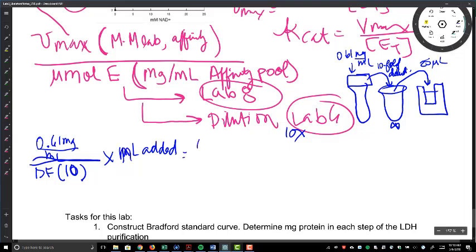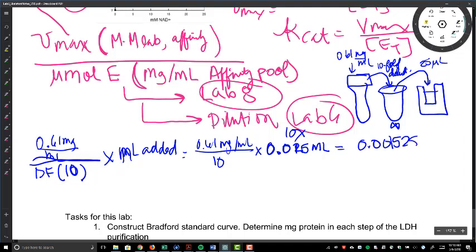So this would be 0.61 mg per mL divided by 10 times 0.025 mL. And so that's going to give us 0.001525 milligrams. So now we know how many milligrams of enzyme are going into the cuvette.